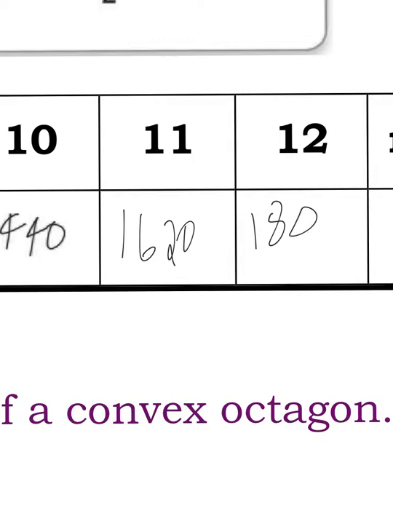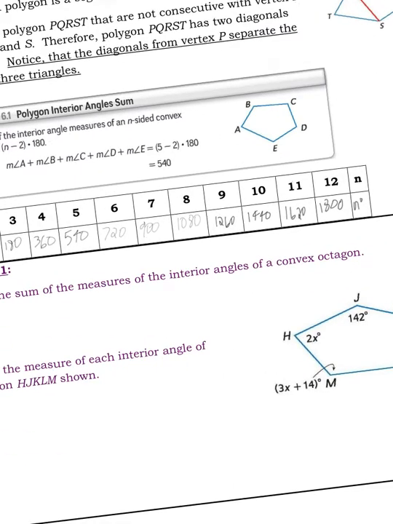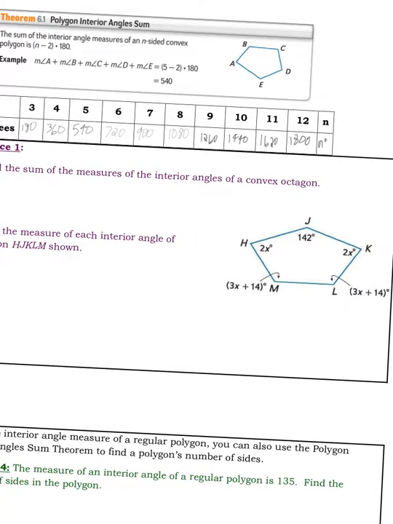Because 12 minus 2 is 10, and 10 times 180, just add another 0 to 180, 1800. And then for n, that's just, I guess, n degrees. I don't really know what to put there, to be honest with you. When I made this, I don't remember why I put it in there.